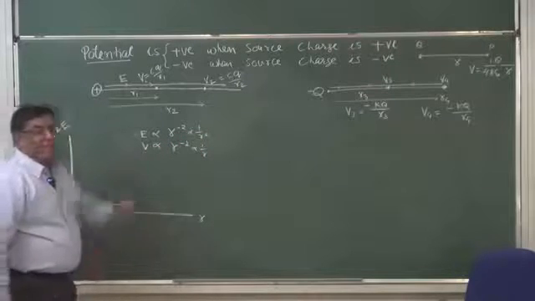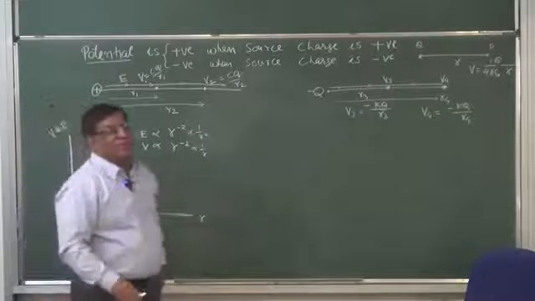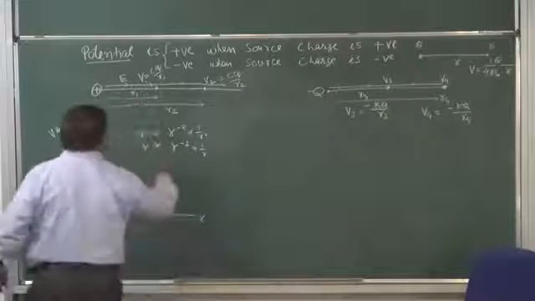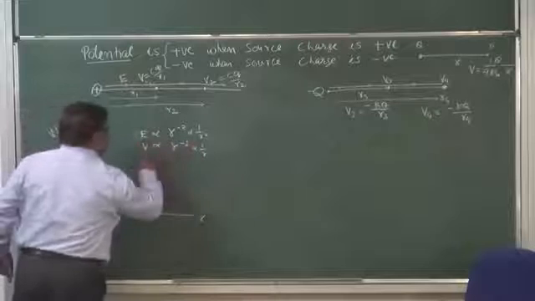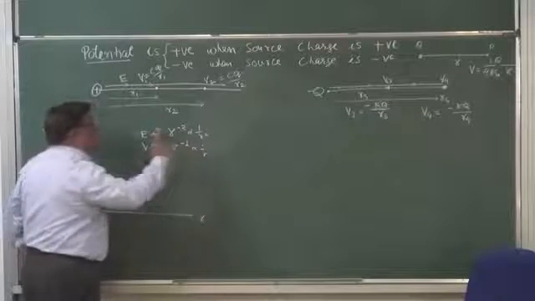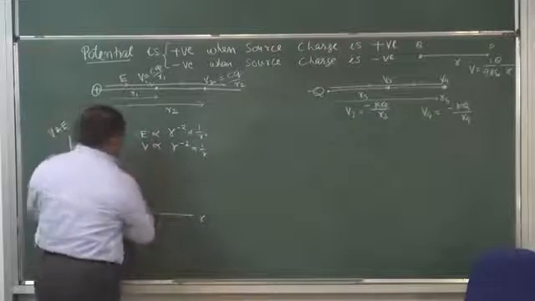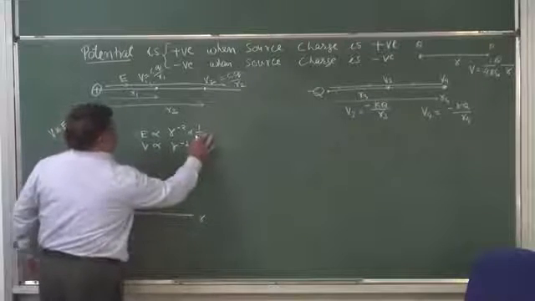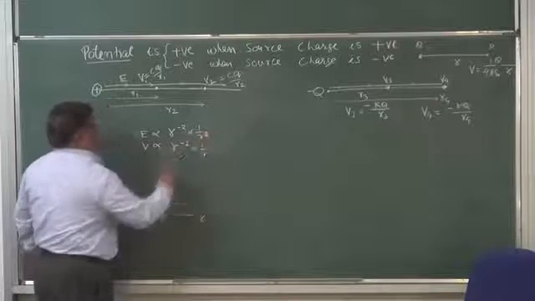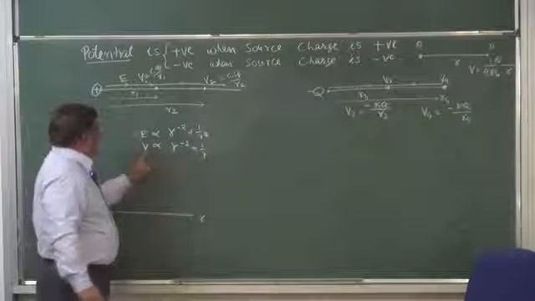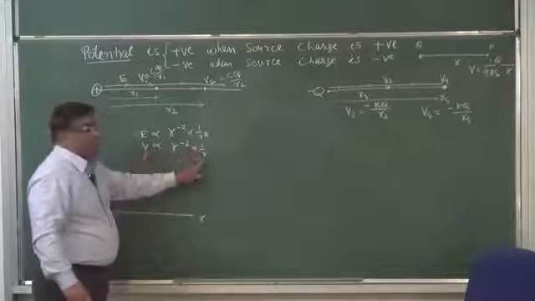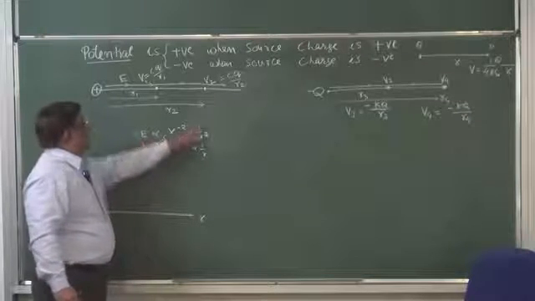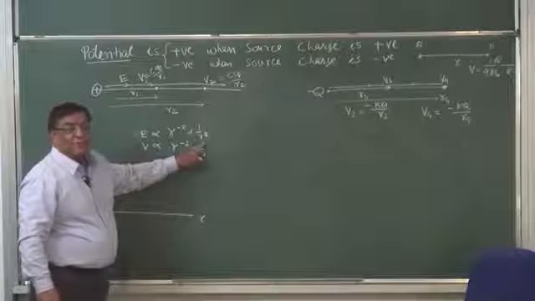Is it clear? Now if you make a graph of it, what should be the shape of that graph? With this you can make out, if we increase R 1, 2, 3 times, which will decrease more? The potential has decreased to 1 upon 3, and what happens to the electric field?